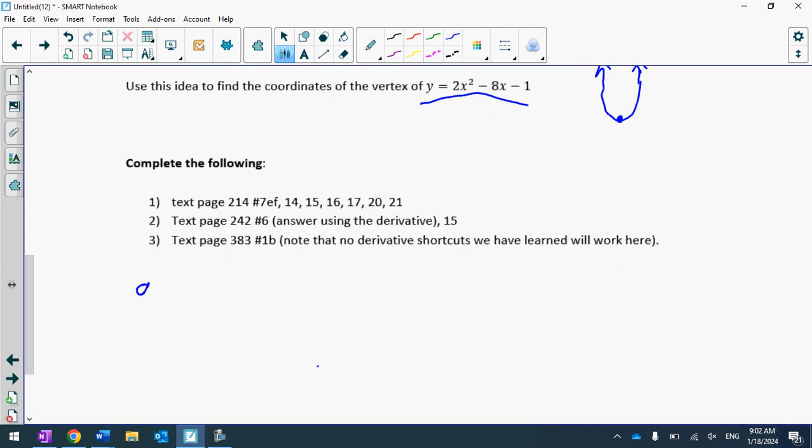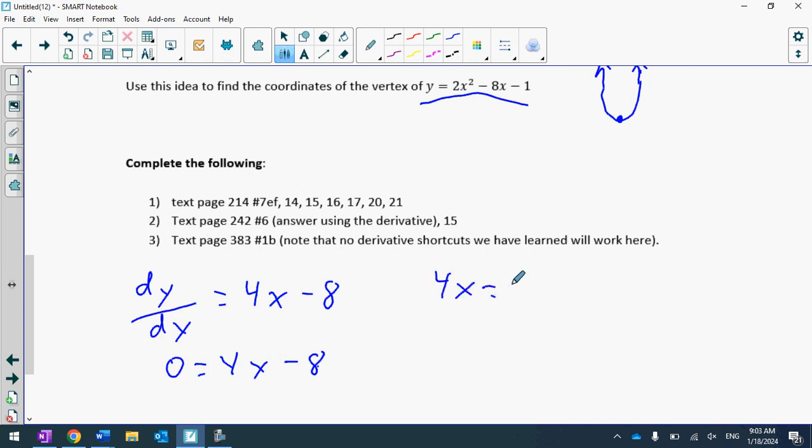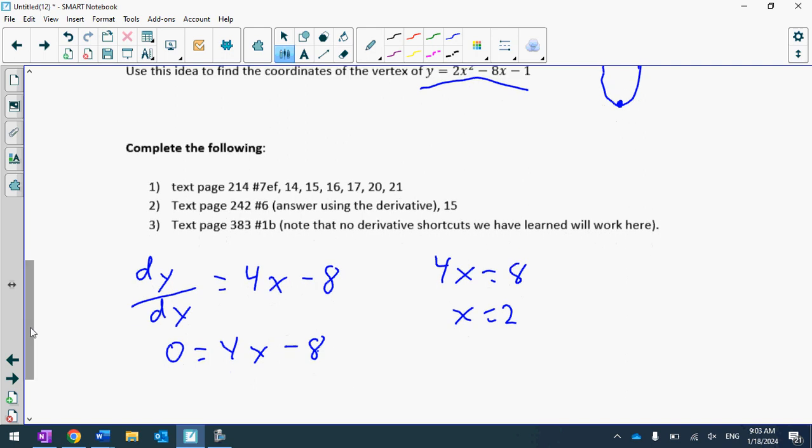If I take the derivative, I'll just do it down here, dy by dx is equal to 4x take away 8, and then I set that to 0. Okay, 0 equals 4x minus 8, which means that 4x equals 8, x equals 2. So x equals 2 is the location where the rate of change is equal to 0, and that must be where the vertex is. I can find the y value of the vertex just by substituting.